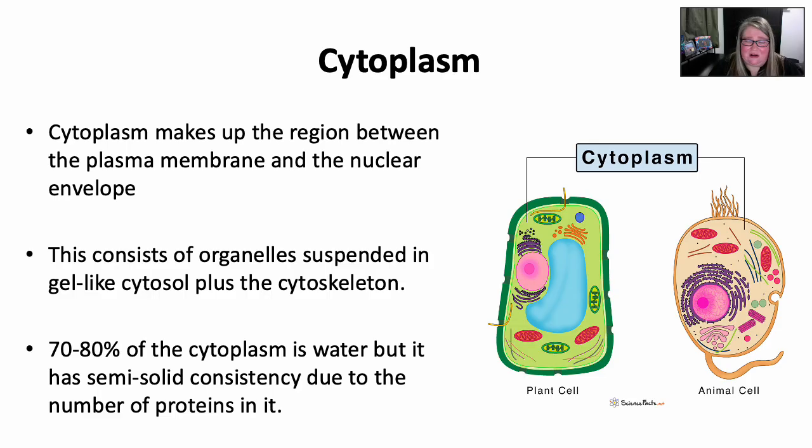All those proteins that the cell needs in order to function correctly are going to be found in the cytoplasm as well. Okay, in fact, even though the cytoplasm is 70 to 80% water, the number of proteins we have dissolved in it is going to give it that gel-like consistency. Okay, so it's going to be semi-solid. Now, the other thing that our cytoplasm holds is the cell organelles. Okay, all of our cell organelles are suspended in the cytoplasm.